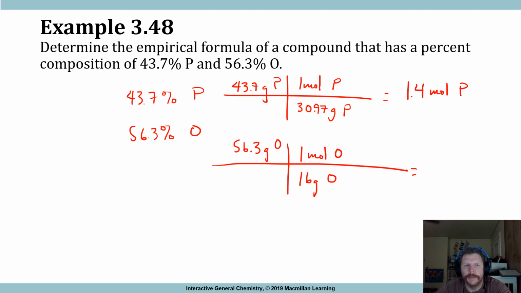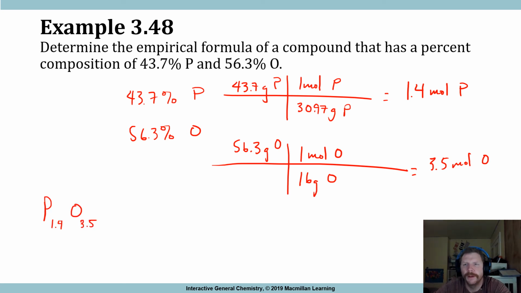Okay, now my next question is 56.3 divided by 16. That gets me 3.5 moles of oxygen. So effectively what I've come up with is the formula that is P 1.4 to O 3.5.